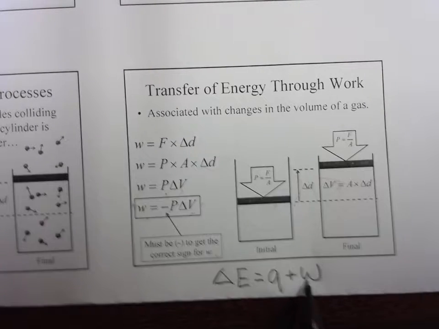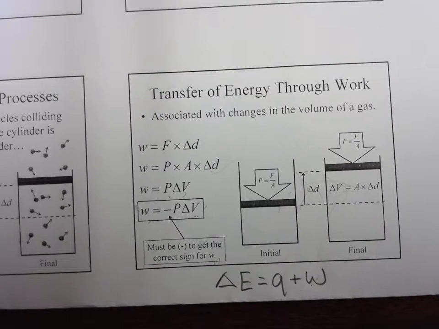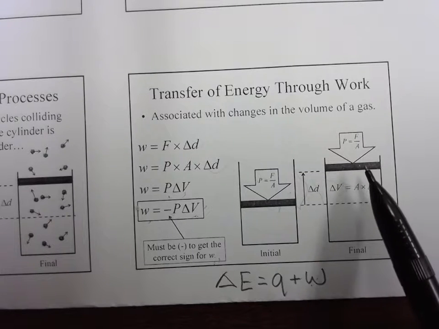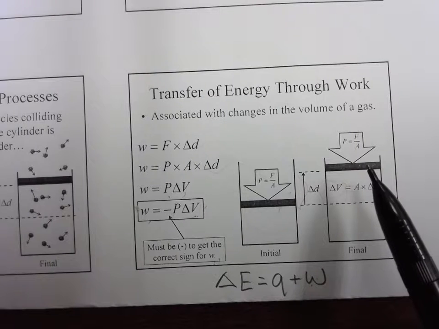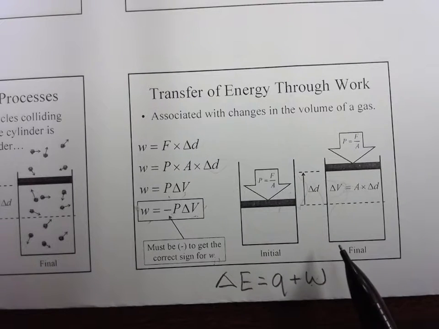Okay, and that's because delta V is positive when the volume increases, and delta V is negative when the volume decreases.